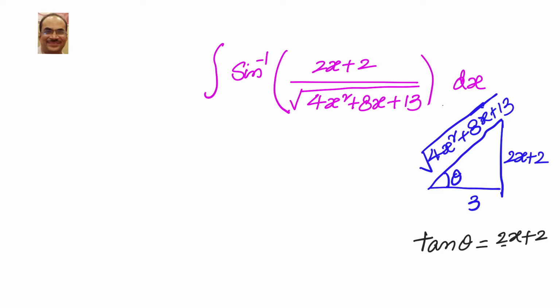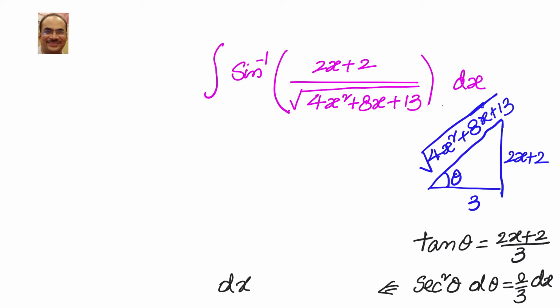That way our differentiation will become easy instead of taking sine theta equals 2x plus 2 by whatever we have. So when I differentiate on both sides, I will have secant square theta d theta equals 2 by 3 into dx. So that means we can write dx equals 3 by 2 into secant square theta d theta.